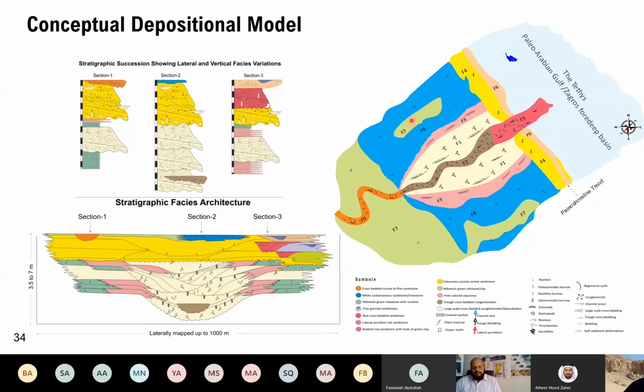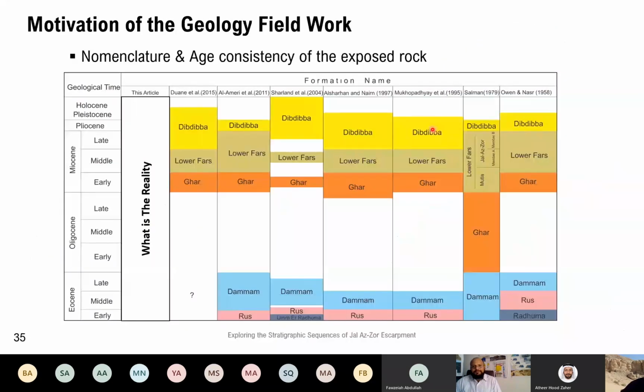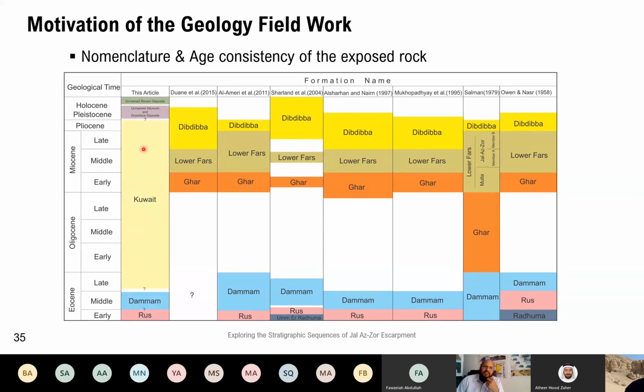Absolutely. So basically, coming back to one of our first slides in the beginning, from our strontium isotope publication, what do we think the age is? This is what we believe in our strontium publication with Dr. Mubarak al-Hajri.